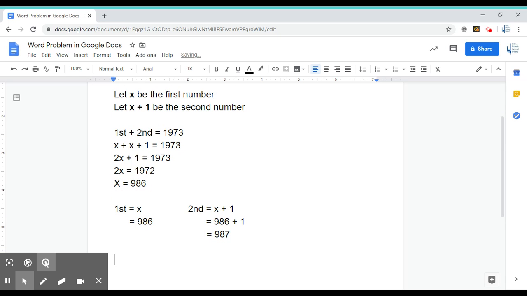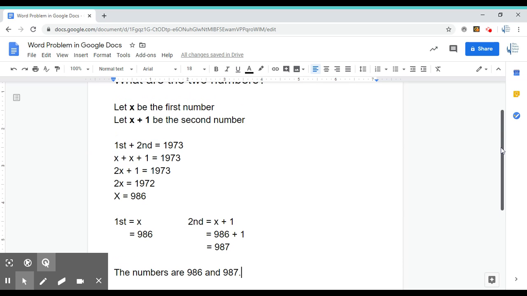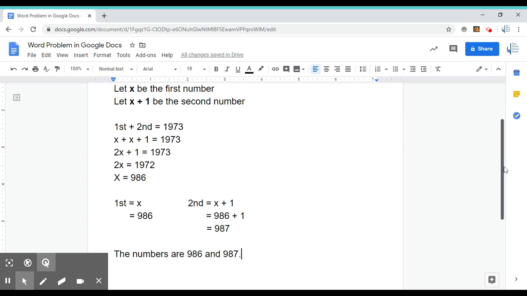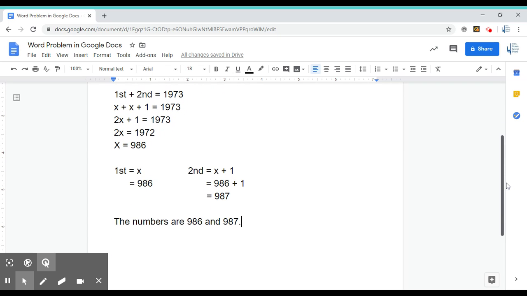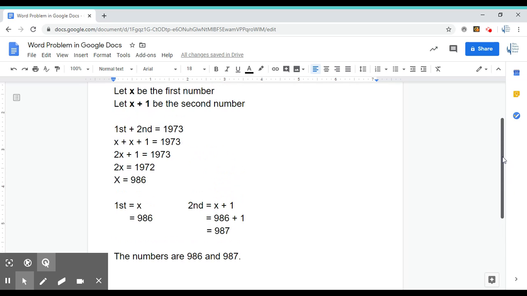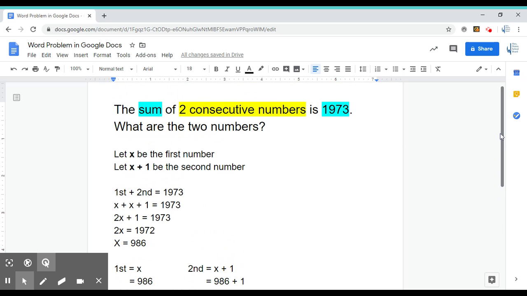So I'm going to say the numbers are 986 and 987. So my solution, I typed my let statements, I made an equation, I solved that equation, I went back and found the answers to the question, and then I wrote a sentence. And that's all you need to do if you are typing up a word problem in Google Docs.